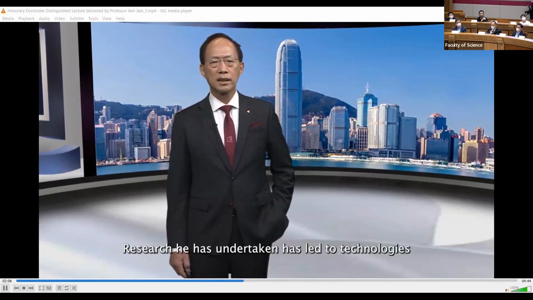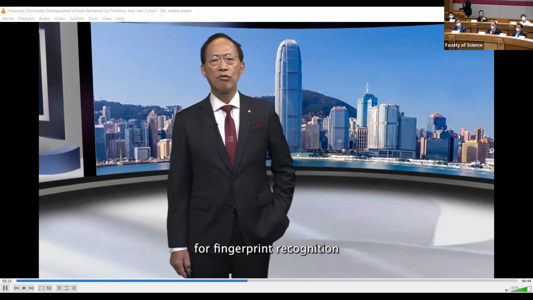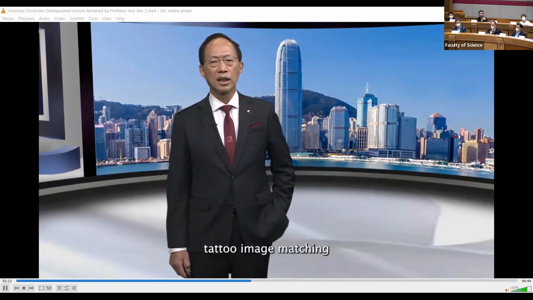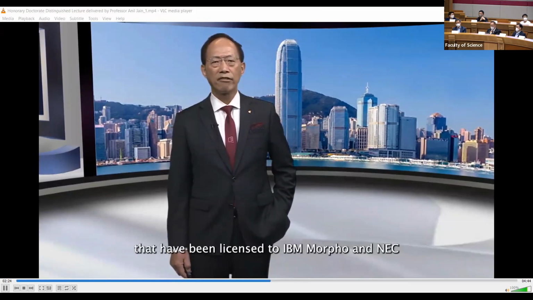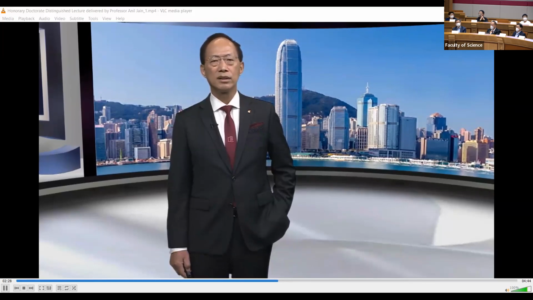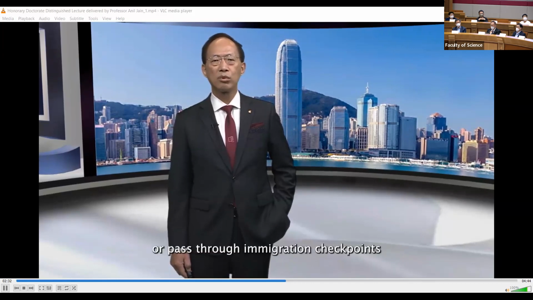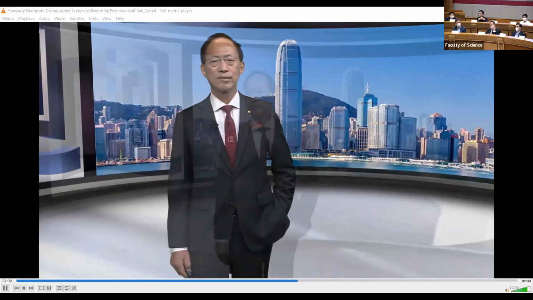Research he has undertaken has led to technologies for fingerprint recognition, tattoo image matching, facial sketch to photo matching, unconstrained face recognition, and fingerprint obfuscation that have been licensed to IBM, Morpho, and NEC. Next time, when we unlock our smartphones or pass through immigration checkpoints, we should thank Professor Jain for his work, which creates the convenience to us.